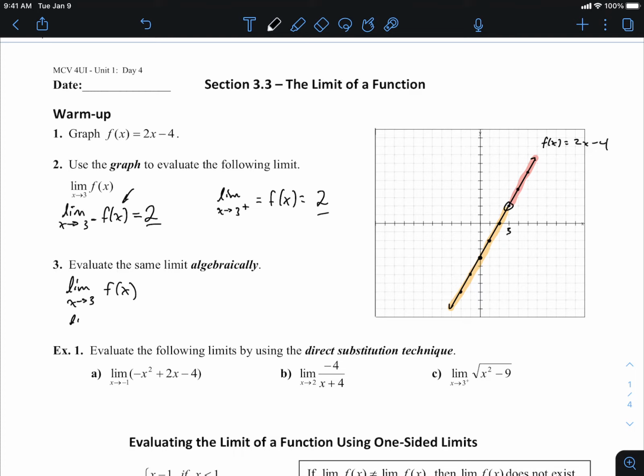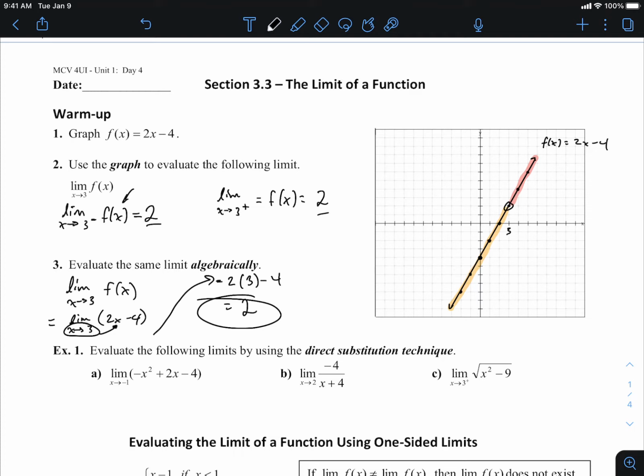So we know what the function is as x approaches 3 of 2x minus 4. You evaluate by plugging that in there. Don't forget your equal signs as well. And so we're going to see that it's 2 times 3 minus 4, which is 2.